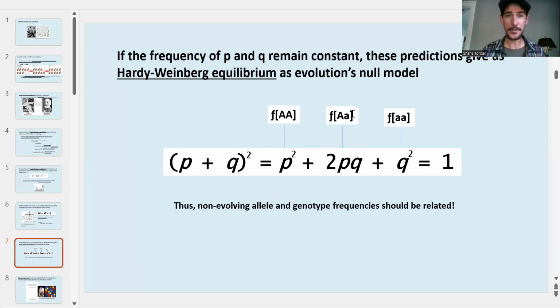We can think of that as being the frequency of individuals who carry copies of big A and little a. And likewise, Q squared is the frequency of individuals who are also homozygous, but for Q, or another way of looking at it as the frequency of individuals who are homozygous for little a. So each of these components of the equation do represent expected genotype frequencies under the assumptions of the Hardy-Weinberg model.